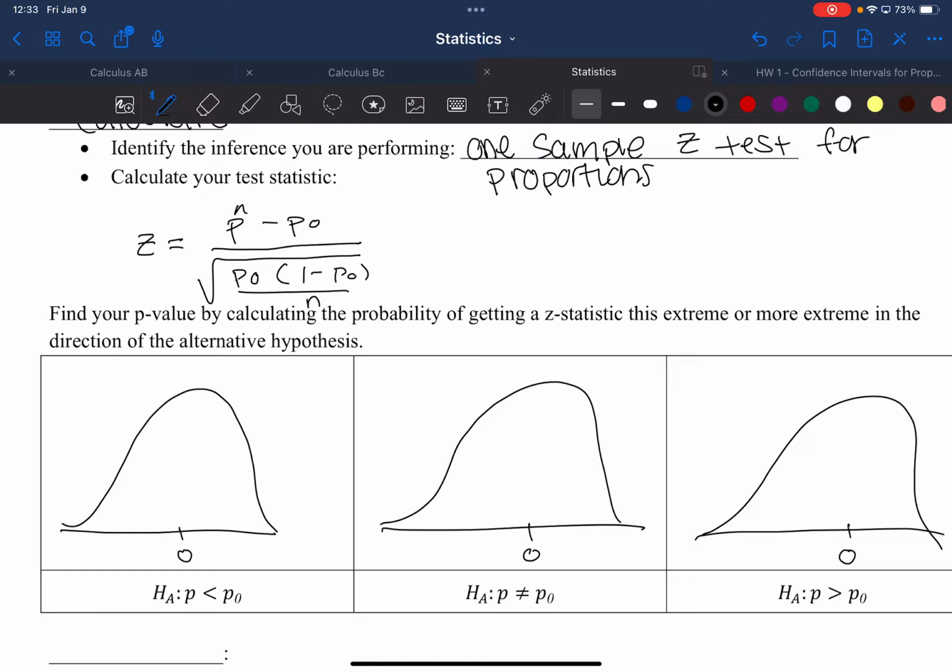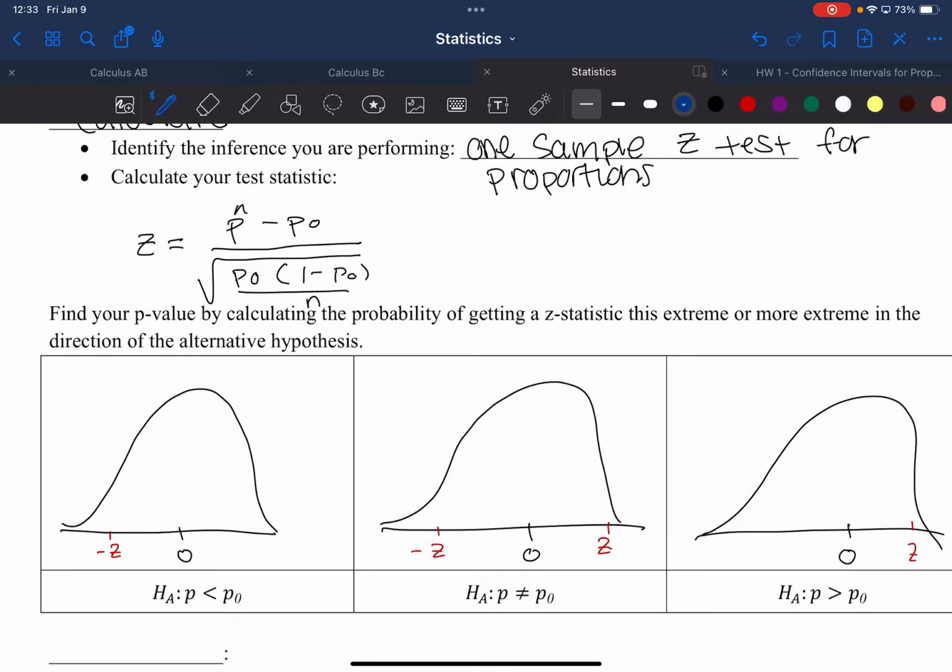Again, based off of which side our alternative hypothesis is, that's which side our Z goes. And notice this time we do say negative Z and positive Z, because since we're using 0 as our mean, if we go less than 0, we're a negative number, correct? But our p-value is still being represented by those areas.